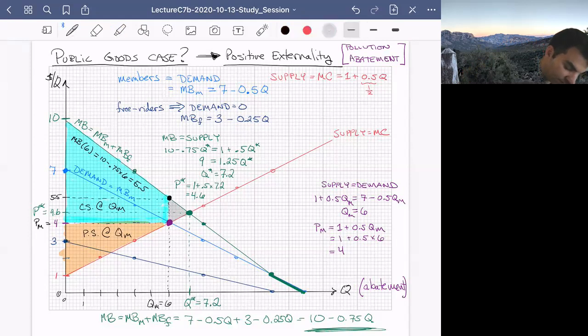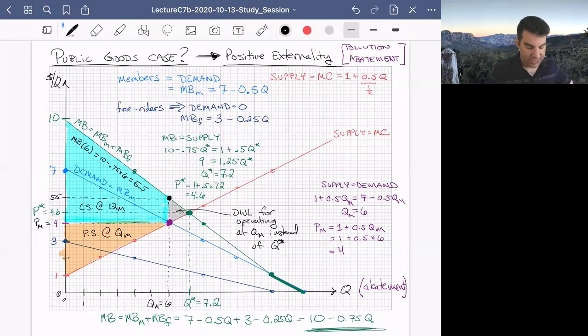And so this little triangle represents the deadweight loss for operating at QM instead of Q star. And so you could calculate the area of that triangle.